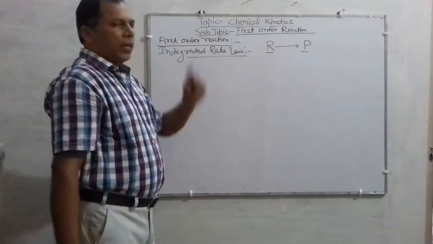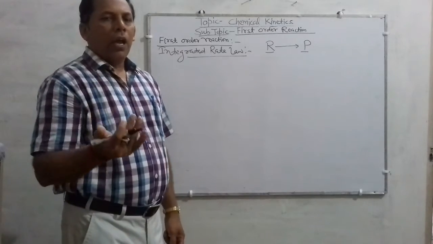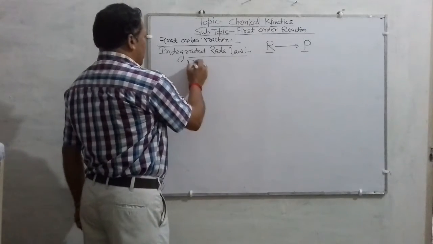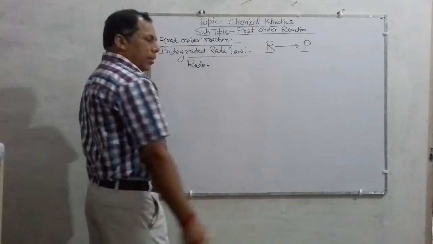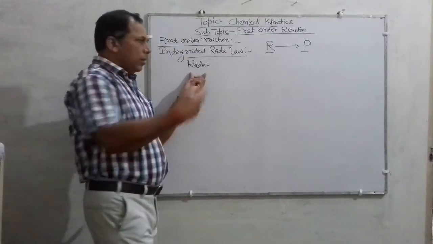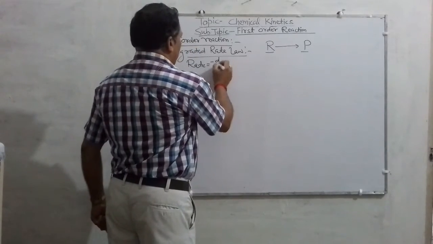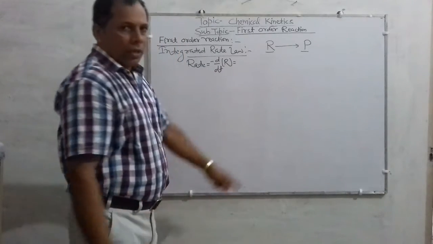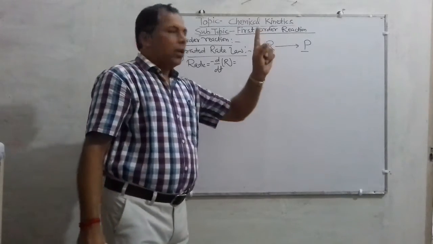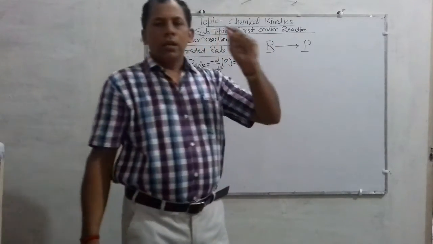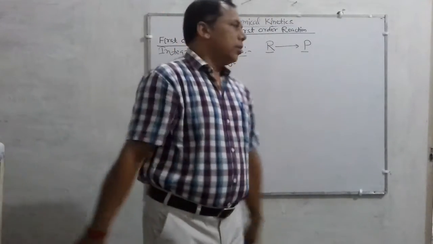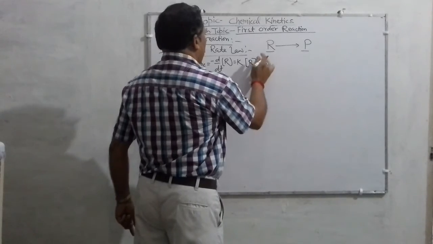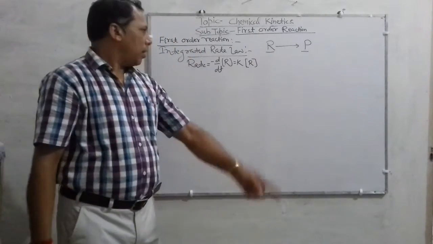The rate of this reaction can be determined as usual, as I described in the previous lecture. The rate is minus d by dt of R, and according to the definition, it depends upon the concentration of the reactant, so that is equal to k times the concentration of R. Am I right, children?